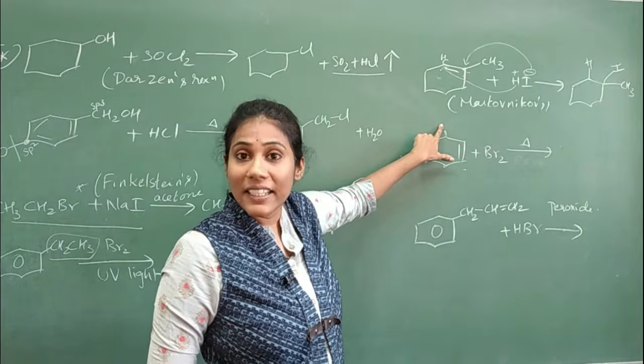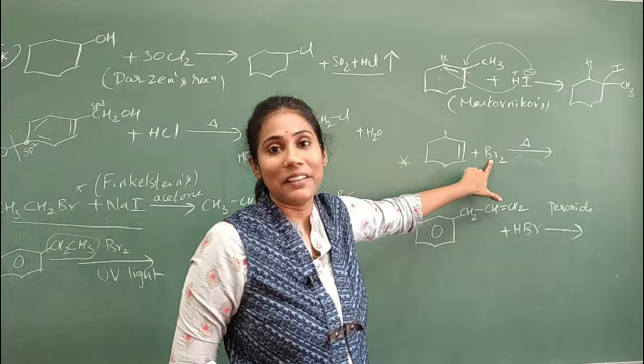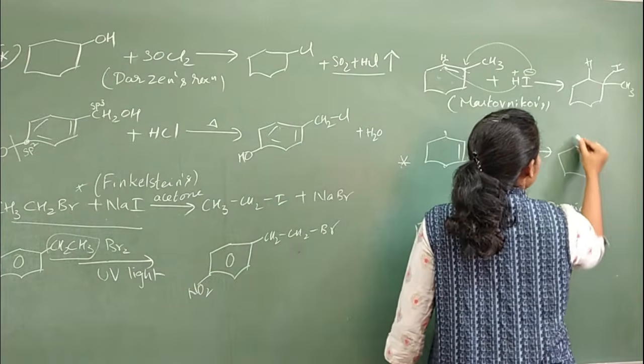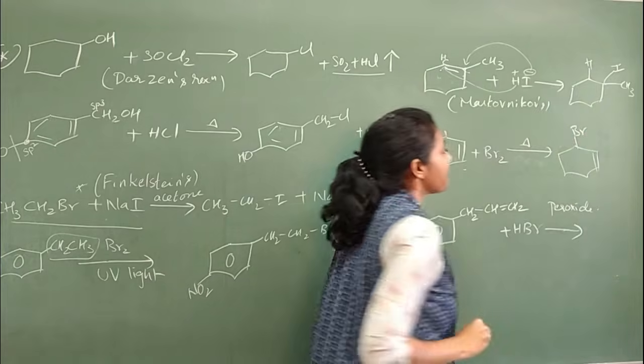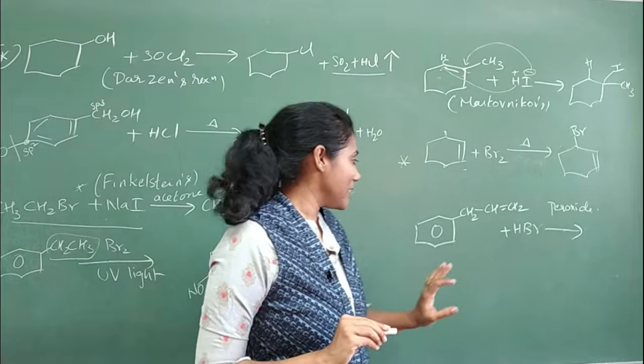And this is the allyl hydrogen. So the allyl hydrogen gets replaced by Br. Okay, so you will get the product. The product is this product. Okay, so you have to be careful with such reactions.